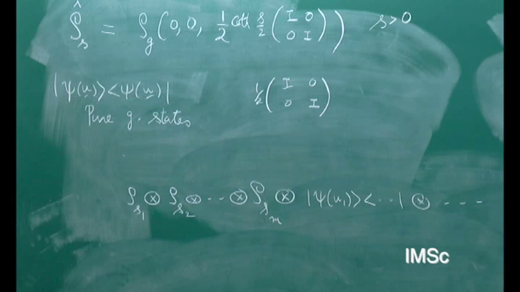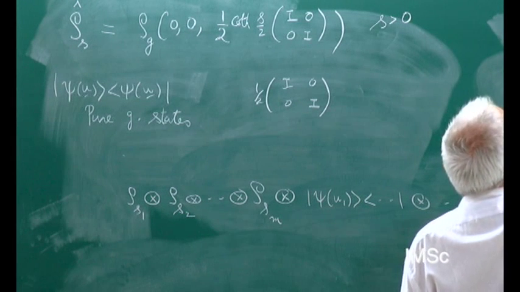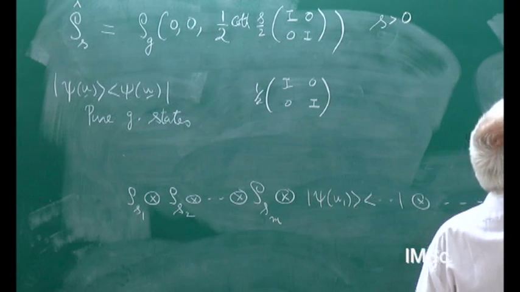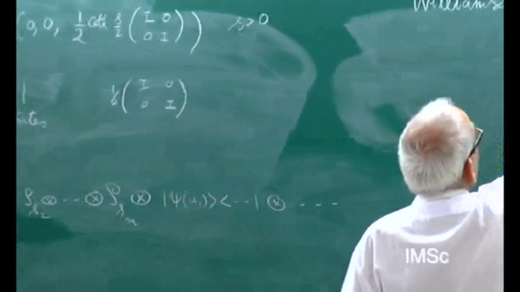At this stage, a theorem from linear algebra comes. This is known as Williamson's normal form.